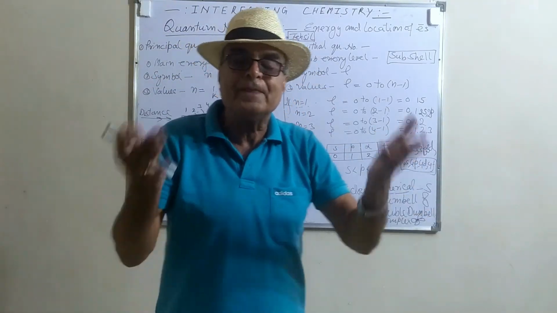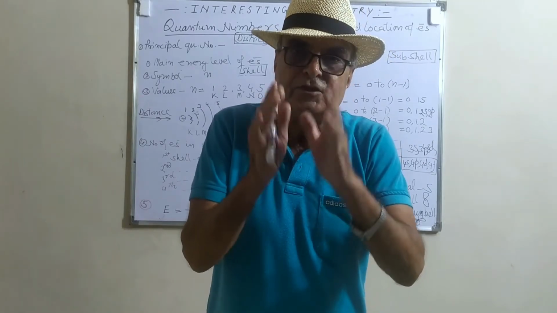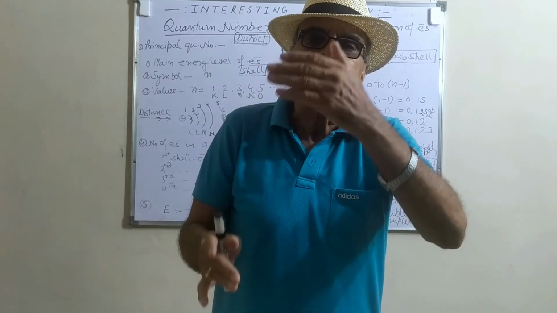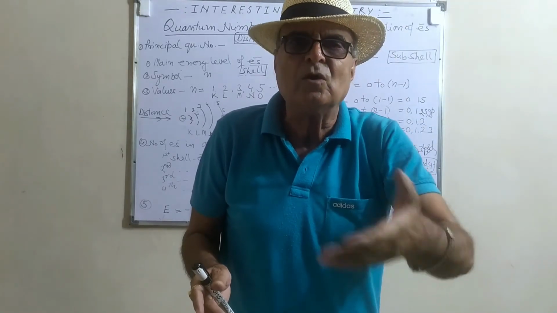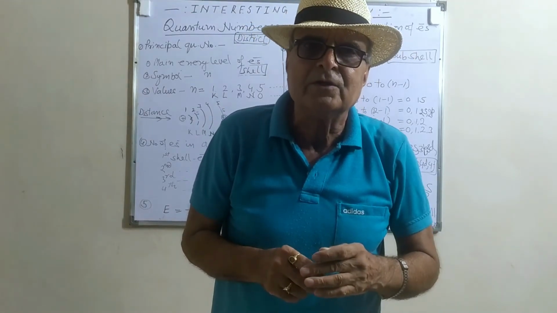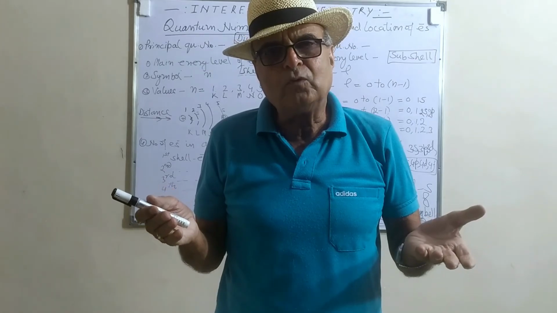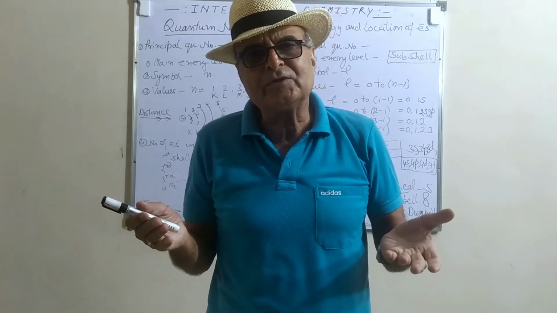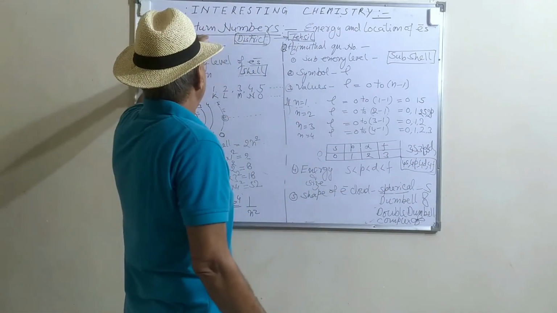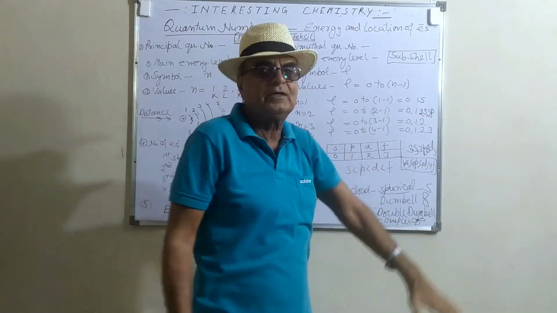In this way, the number of subshells increases according to the size, or according to the principal quantum number. So I think it's all for today. I think that you have understood what I wanted to make you understand about the quantum numbers, the principal quantum number and the azimuthal quantum number.